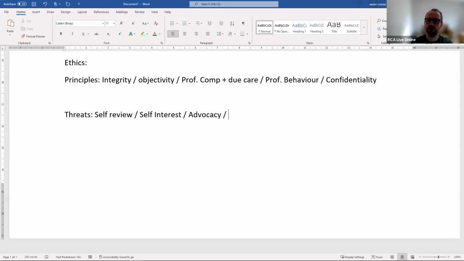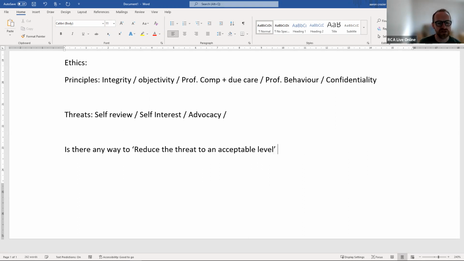Okay, so it could be that you do have some element of that. But of course, you're going to have some safeguards in place. So remember, the key thing for all of these is, is there any way to reduce the threat to an acceptable level? Okay, so you could have safeguards in place.